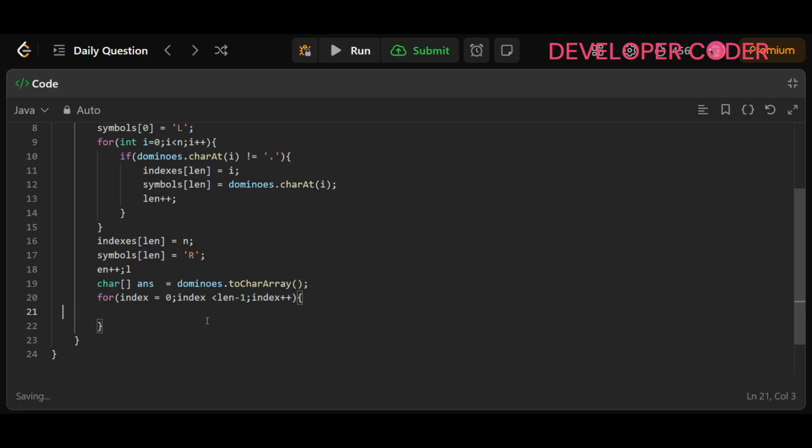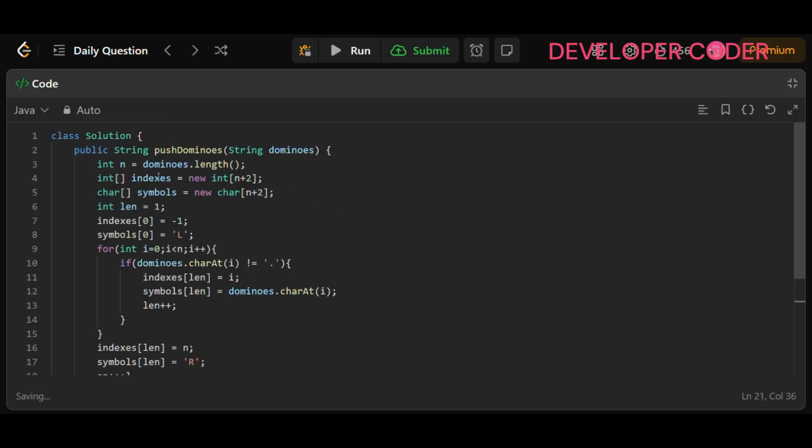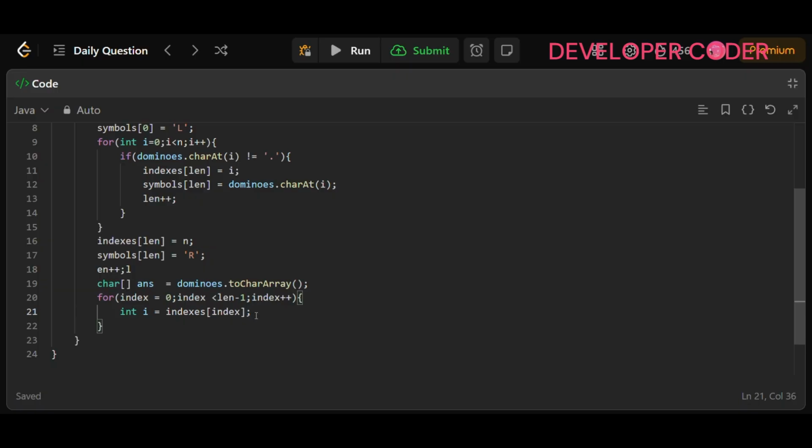Now create a few variables like int I, and I is equal to indexes of index. So this is indexes of index value. And j, same way take j as well. J is equal to indexes of index plus 1.